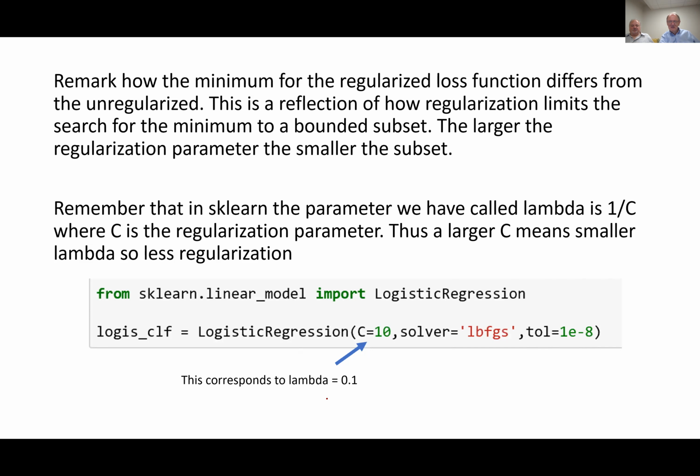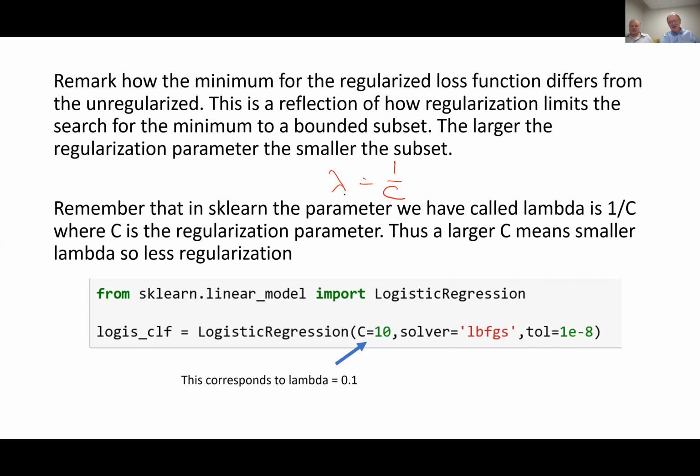Logistic regression in sklearn always uses regularization, but they do it by putting lambda equal to something of the form 1 over C, and so that can never be 0. That means that the bigger C is here, the smaller lambda is. So you have to be careful when you're doing sklearn.